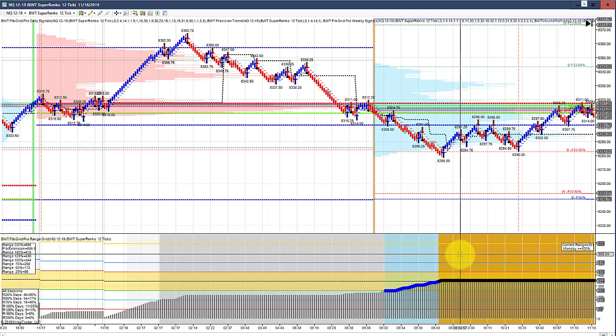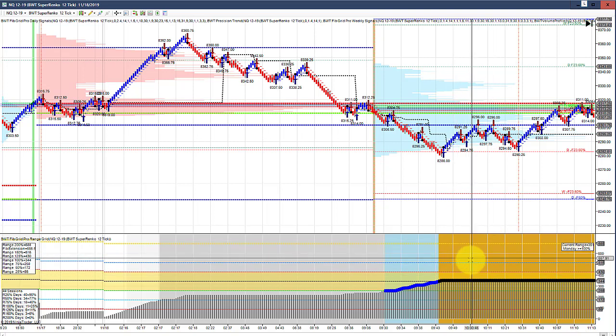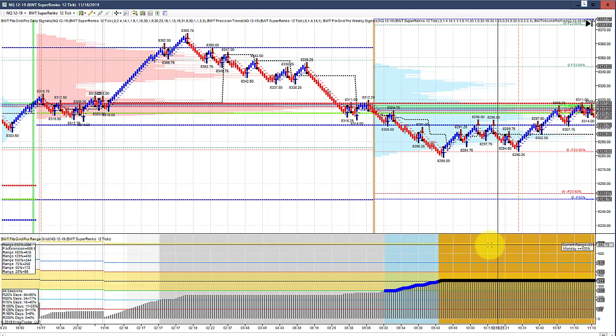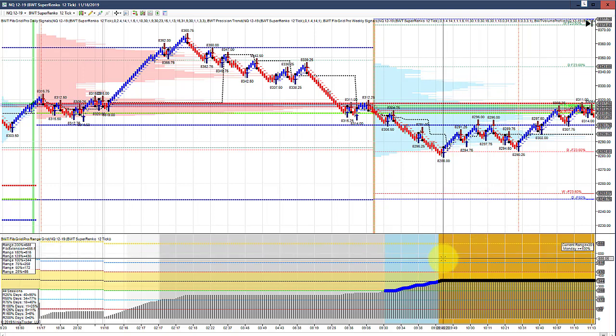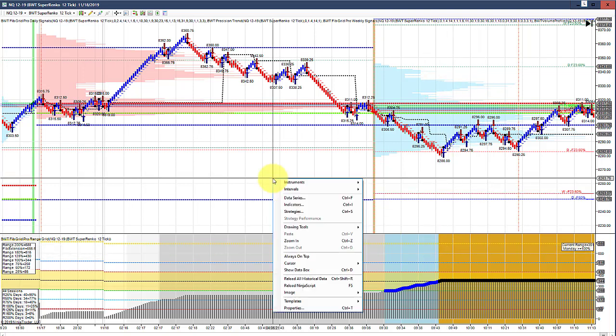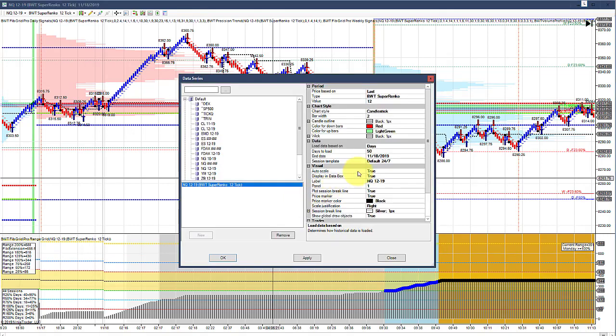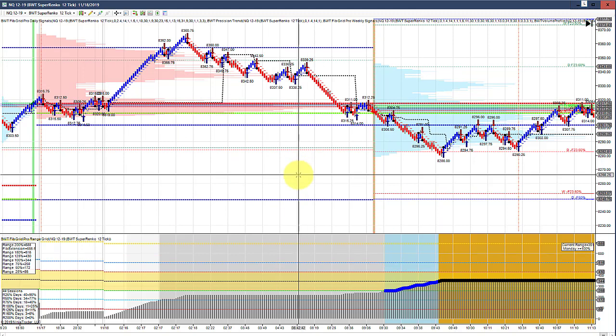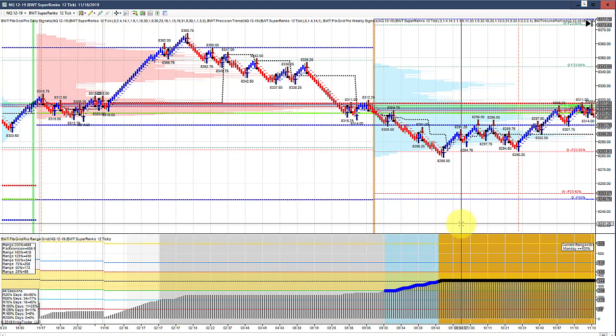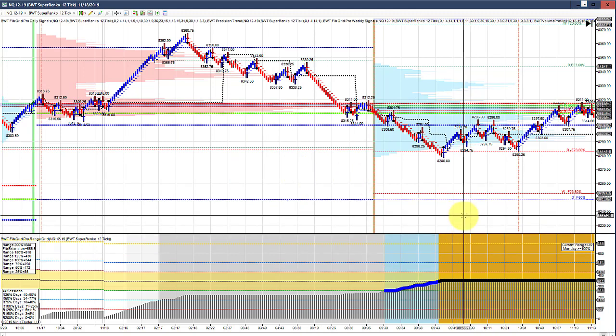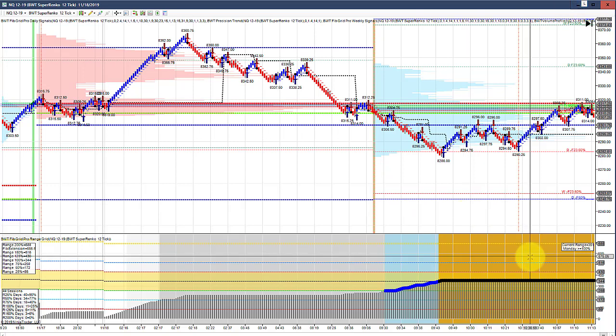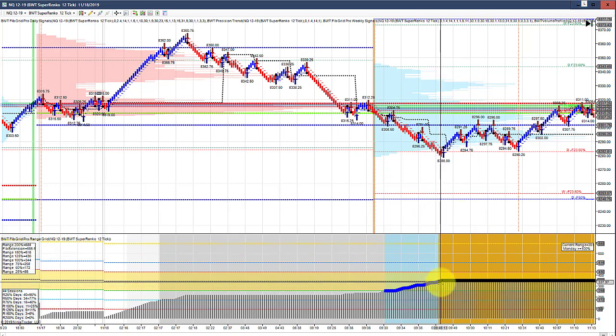Down here is the range grid, and so when you see this shaded area in gold, it is telling us that on this day we did 100% of the daily range, and we're looking back 50 days on this chart. So the average range for 50 days, if the NASDAQ moves, say, 400 ticks, then that was reached at 9:45 this morning.